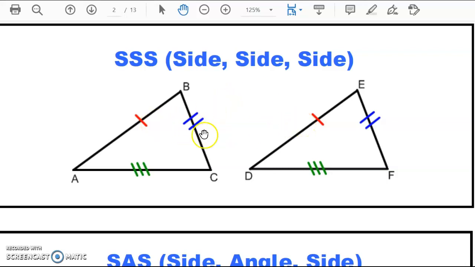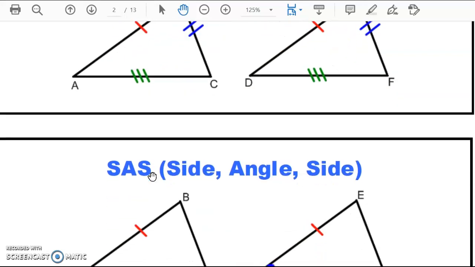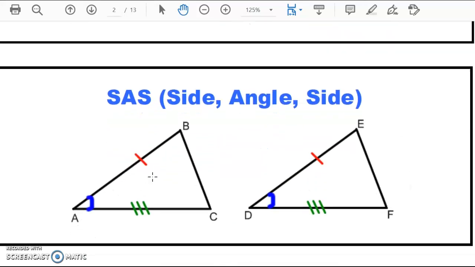If you have three sets of corresponding sides congruent, that's enough to say that these two triangles are exactly the same. Same thing with SAS. Here we only have two sides congruent. We don't need that third side. As long as we have the angle in between the two sides marked up, this is enough to prove these two triangles congruent by the SAS postulate.